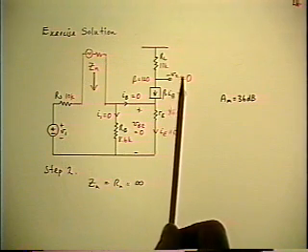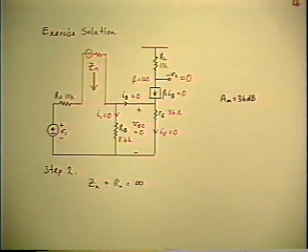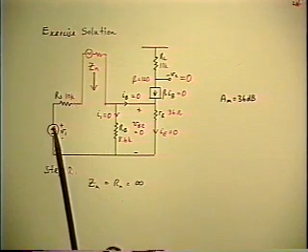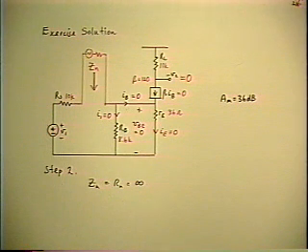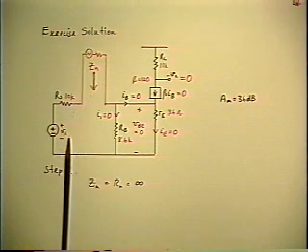The only way you can get a null at the output is to have those two sources cancel each other directly, equal and opposite. That's the adjustment that you need to get the null. So if the two sources cancel directly, there's 0 current everywhere. That's a special case because the two sources happen to be directly in series.